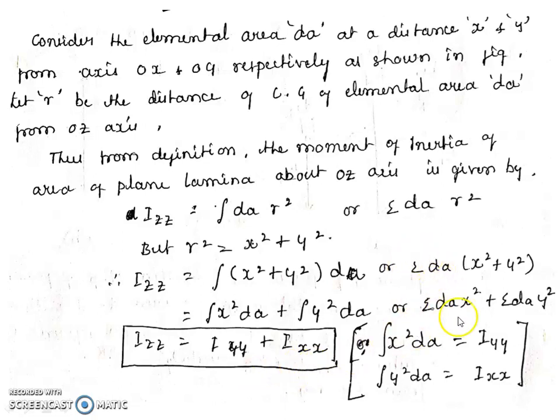It is also denoted by this form, that is sigma dA, that is summation of all small elemental areas with respect to these two axes. Then splitting these two terms, then again we will get same equation. This is the polar moment of inertia, and it is given by Iyy plus Ixx.